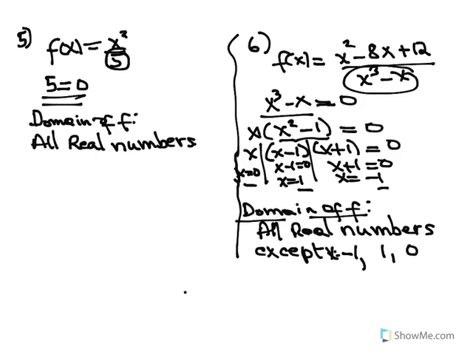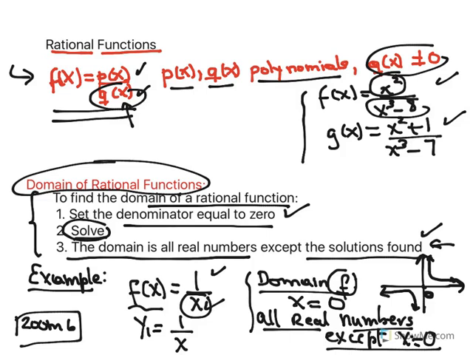All right, so let's review what we just learned. We learned that rational functions are functions that are defined as the quotient of two polynomials, where the polynomial in the denominator cannot be equal to 0. We also learned that the domain of a rational function is determined by looking at the denominator and finding the values that make the denominator equal to 0.